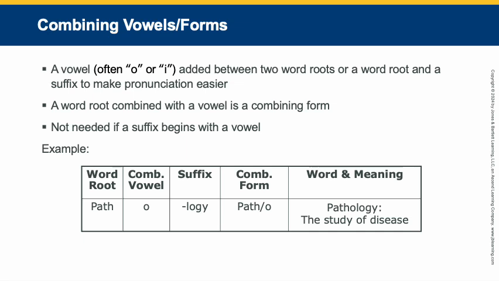So pathology is the study of disease. That should help you with breaking some of these words down. And the same as with the other suffixes, you can see on table 4.3, which is on pages 130 and 131.